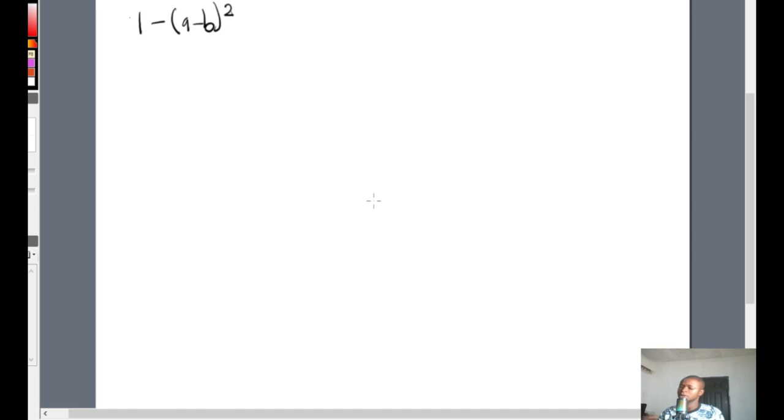Now let's check. One can take a square. Obviously we have minus at the middle, and we have this term here which is in square form already, so I can illustrate this as a difference of two squares. What do I mean?